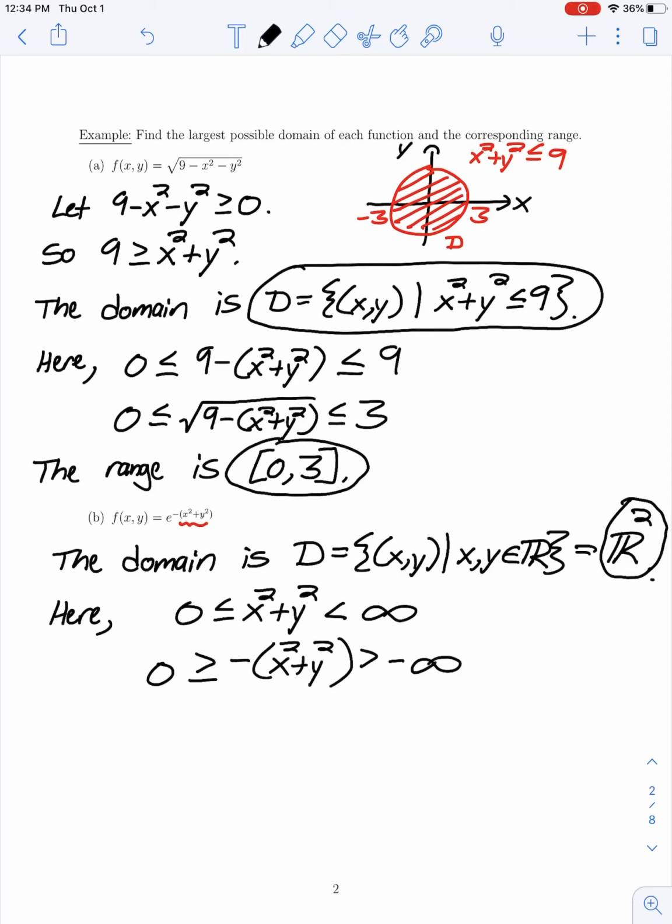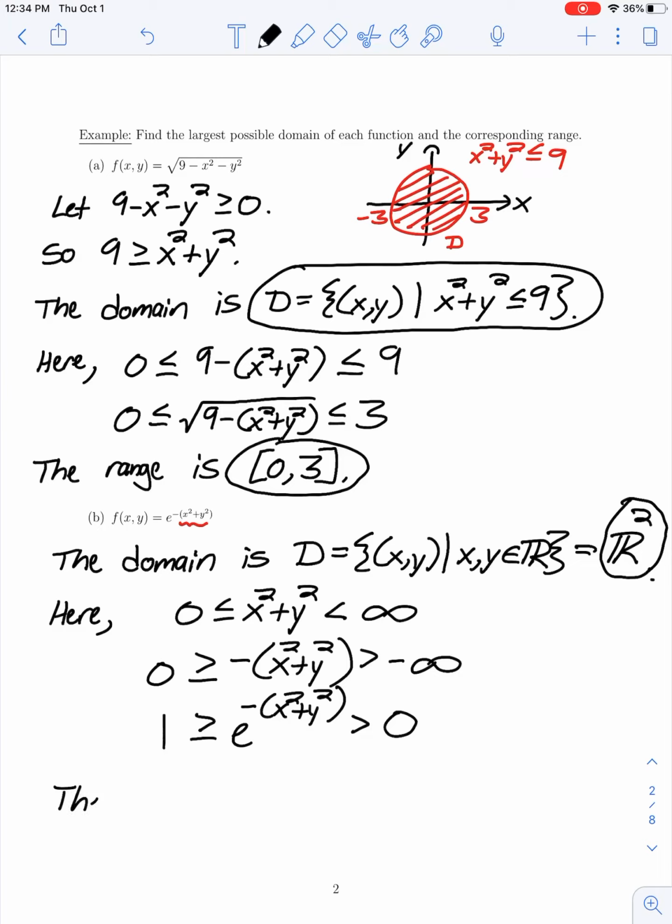So to get the rule for my function, we have e to the negative x squared plus y squared. So if I exponentiate throughout this inequality, I would have e to the 0, which is 1, or e raised to infinitely large negative numbers, say e to the negative infinity, well, we're getting smaller and smaller values approaching 0.